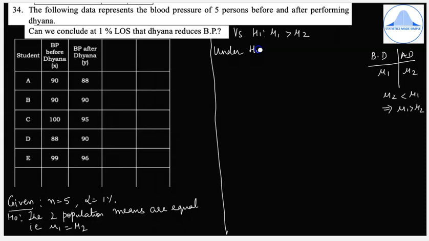Then under H naught, the test statistic is, this is based on the t-test.